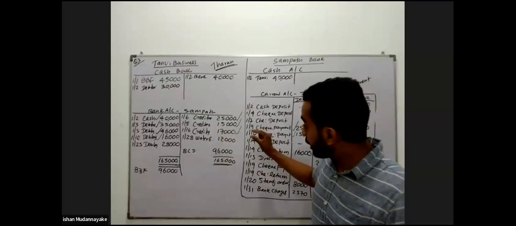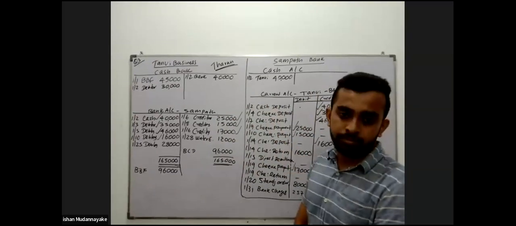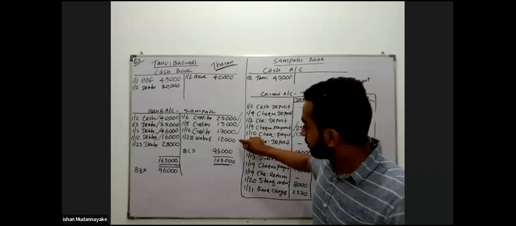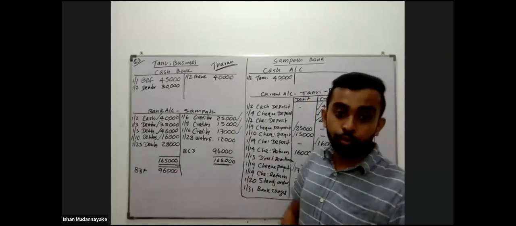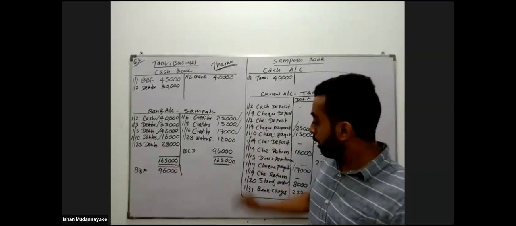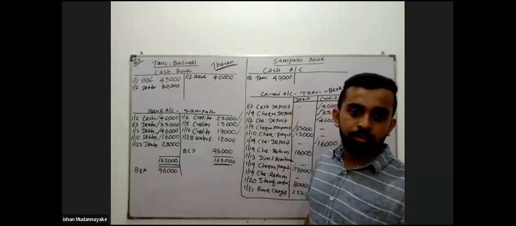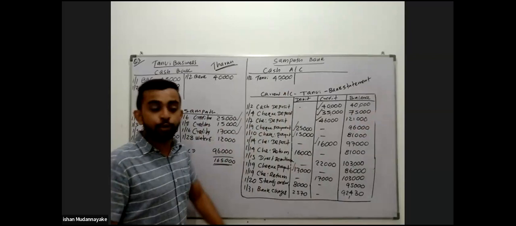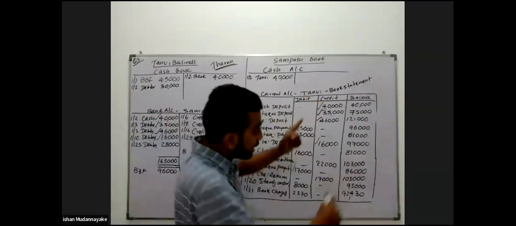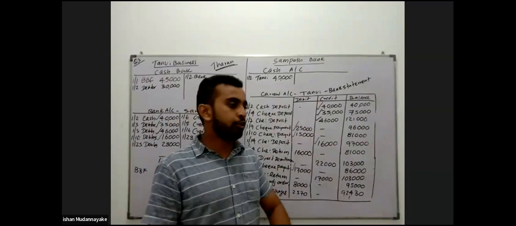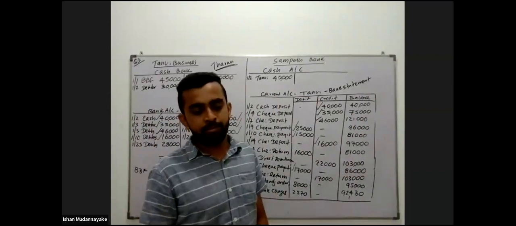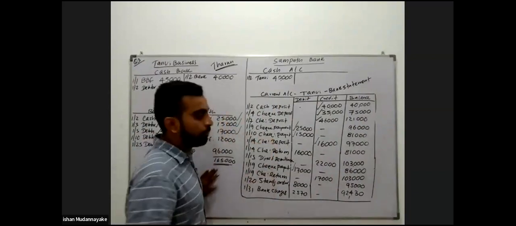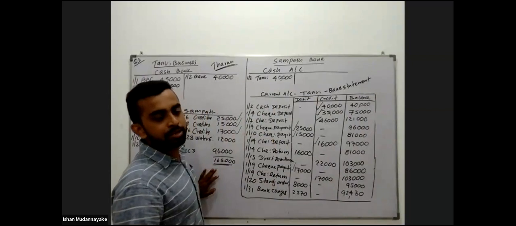So Lamai, this 12,000 is also not your fault. Until 31st January, the bank has not paid cash for that check because of the complex check realization process. Therefore, no need to adjust this 12,000 again in your bank account.